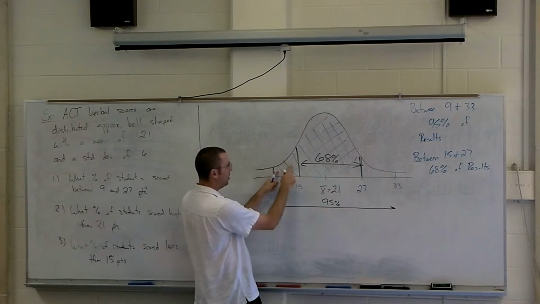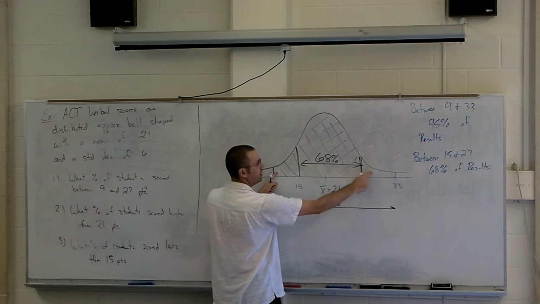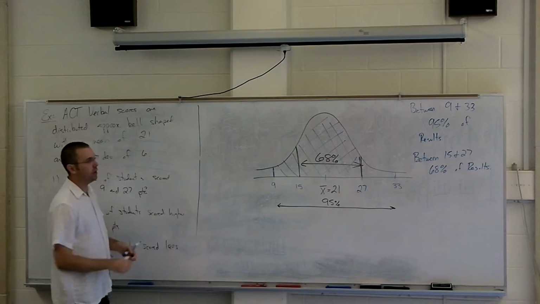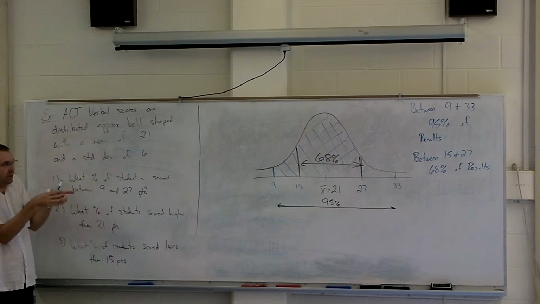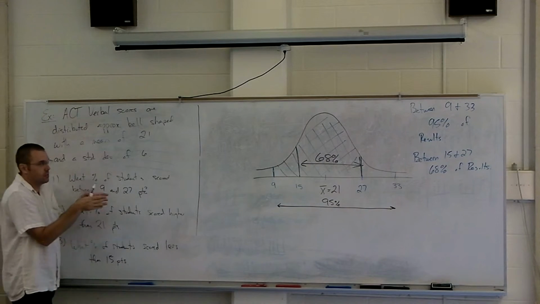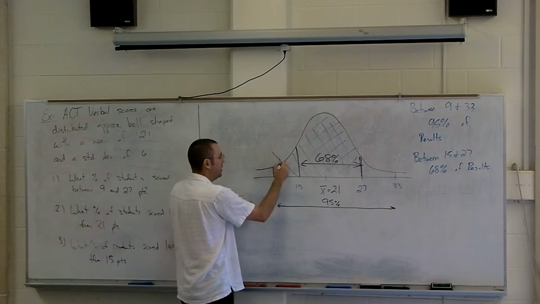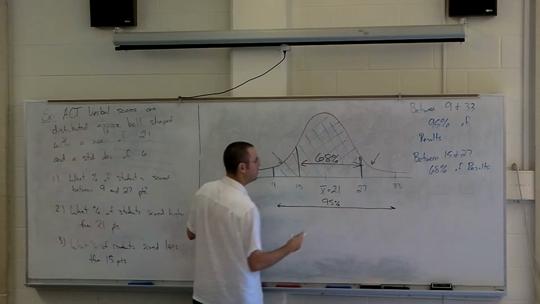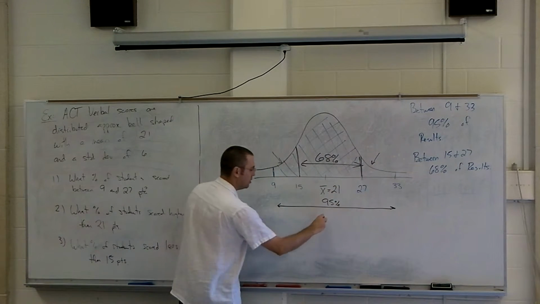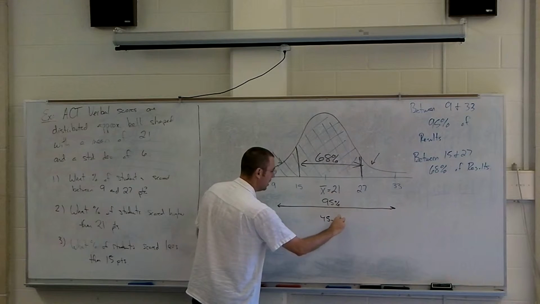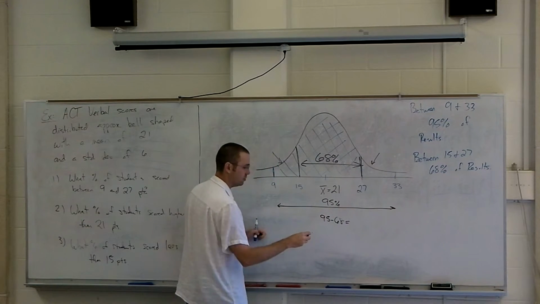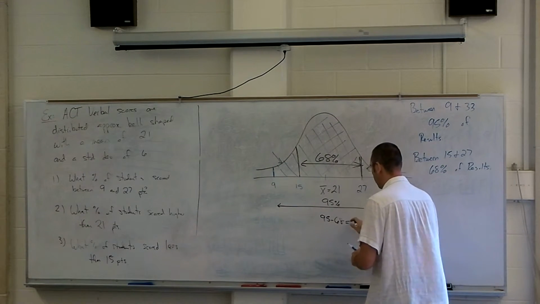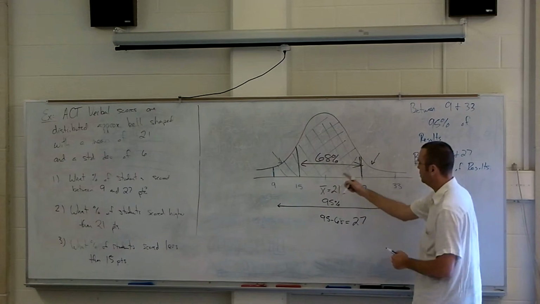If I was to take this little bit here and this little bit here, how much would be outside of that 68 but inside the 95%? These bits out here have to total 95 minus 68, which is 27. There's a total of 27 outside.